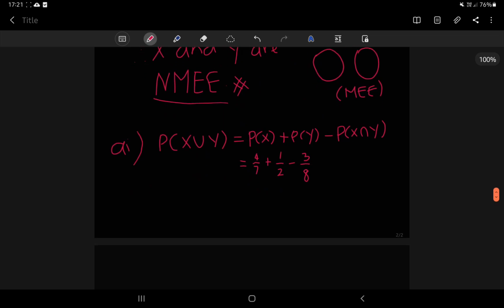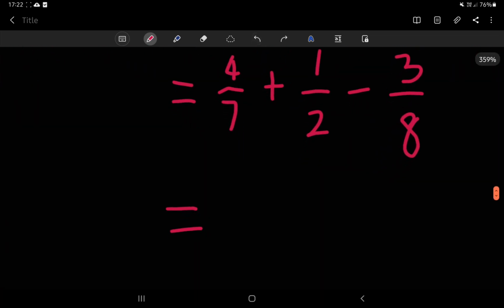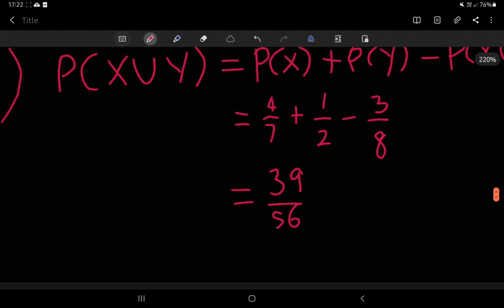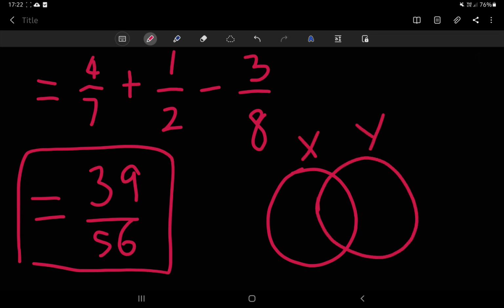So this will give you what? 4/7 plus half minus 3/8. How much is that? It will be 39/56. So this is the whole event X union Y, the whole probability of this event, which includes the whole of this.